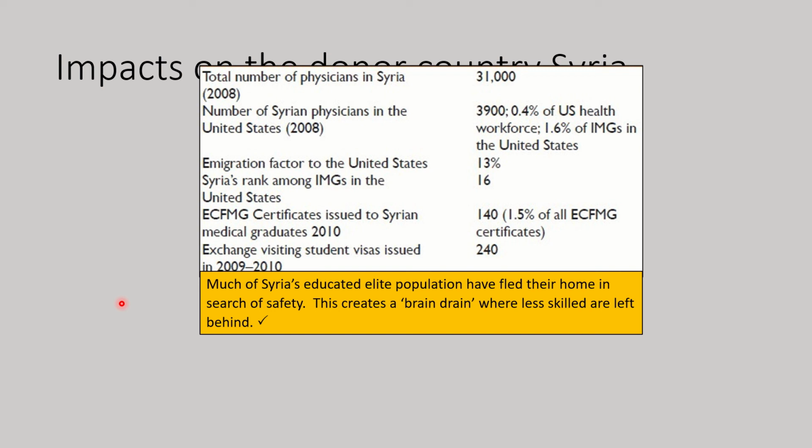People who are wealthier are more able to flee, but also they have skills that are more in demand abroad, and they can literally seek employment in other countries where others cannot, and this leads to a brain drain.